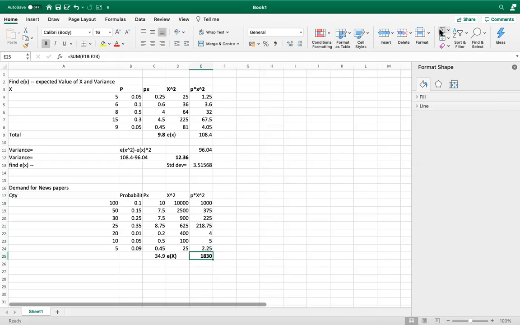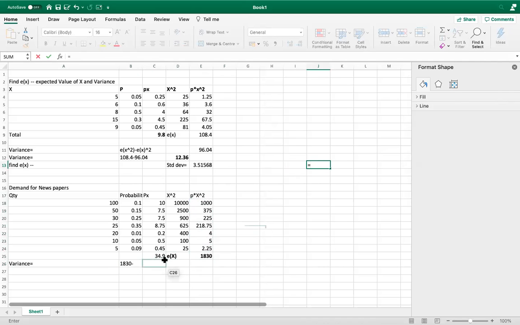I'll say now variance is equal to, ठीक है? P into X power 2, 1830 minus, देखो इसका क्या है, एक मिनट कैलकुलेट कर लेते हैं यहाँ पे, ठीक है? So I get 1218.01.